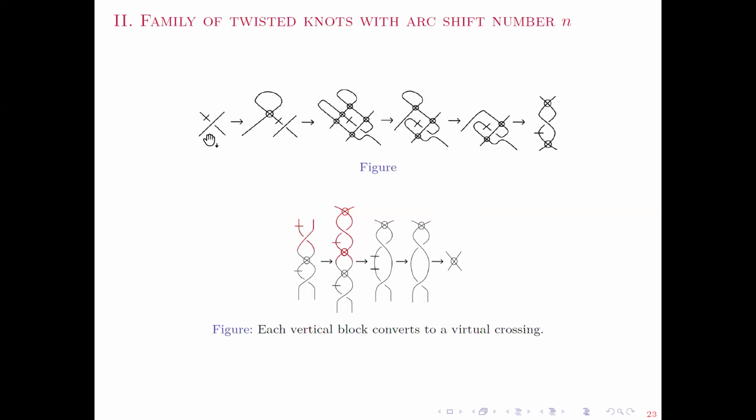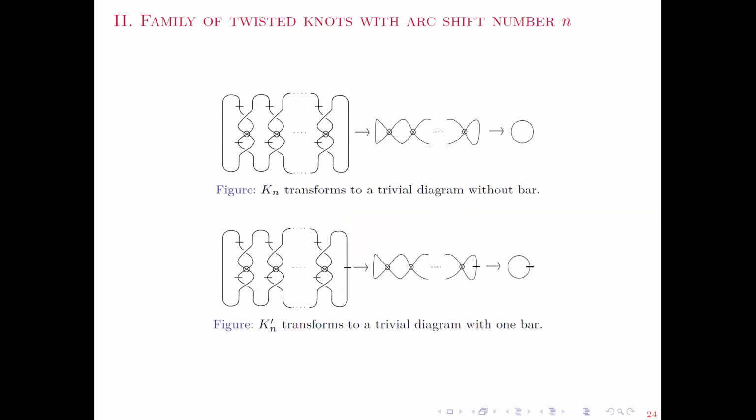Now if I apply this first transformation in this red part, this eventually becomes one virtual diagram. So every vertical block in Kn becomes one virtual diagram, and eventually by the V1 move becomes a trivial diagram, and the second one becomes the other trivial diagram with one bar.